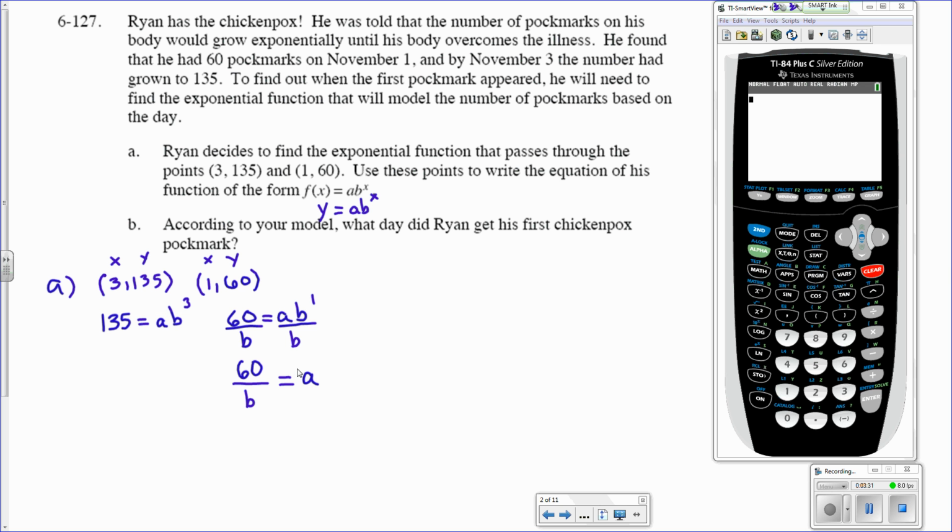Now that we know that 60 divided by b equals our a, let's use this equation and substitute in our expression for a. So 135 equals, instead of a, we're going to put in 60 over b. And we'll be multiplying that by b to the 3rd.